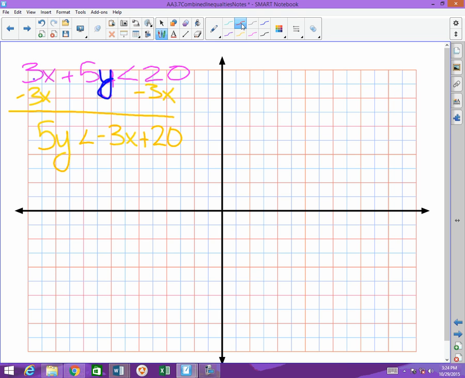Then divide by 5, and you will get y is less than negative 3/5 x plus 4.